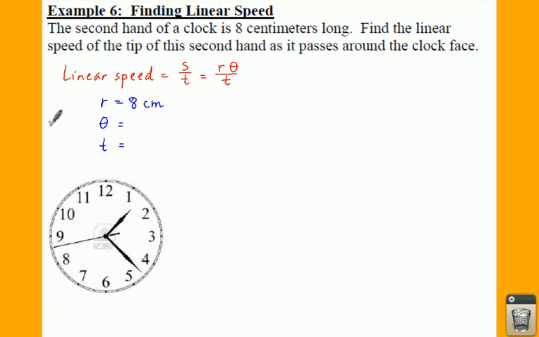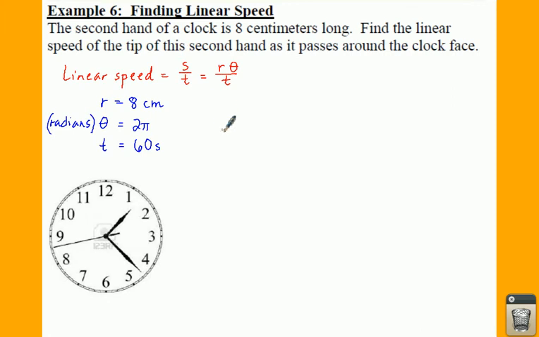Remember, this has to be in radians. It goes around 360 degrees, but that is also equal to 2 pi radians. Now your time: the second hand goes around the clock in a total of 60 seconds. So 60 seconds is the time it takes to get around the clock.